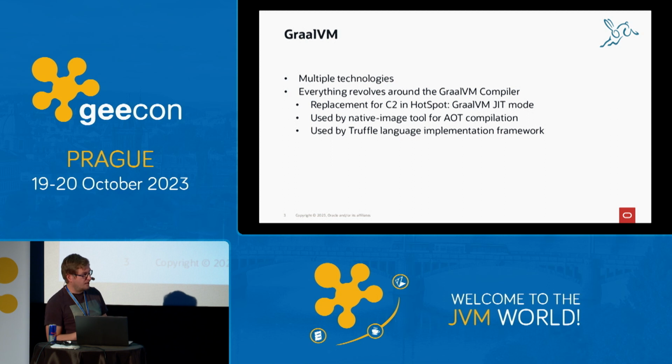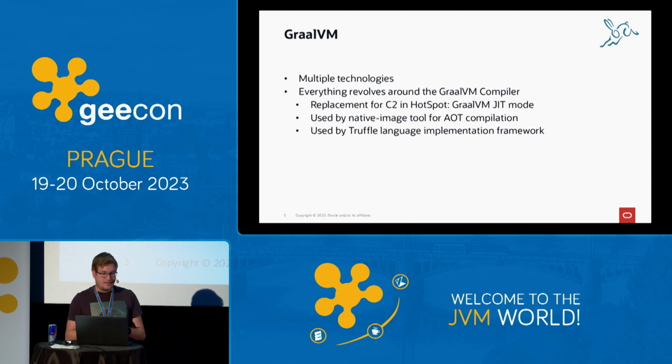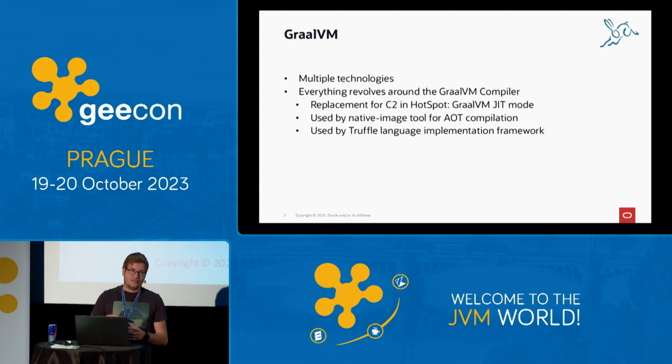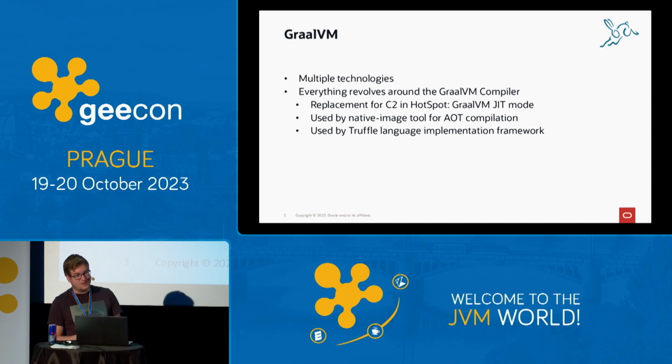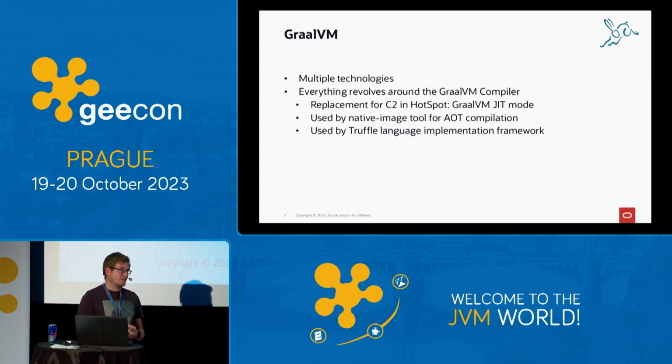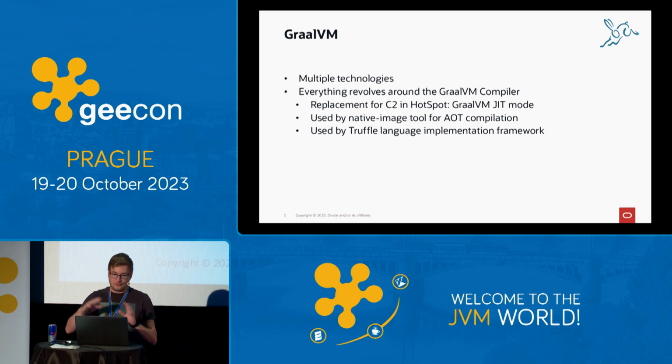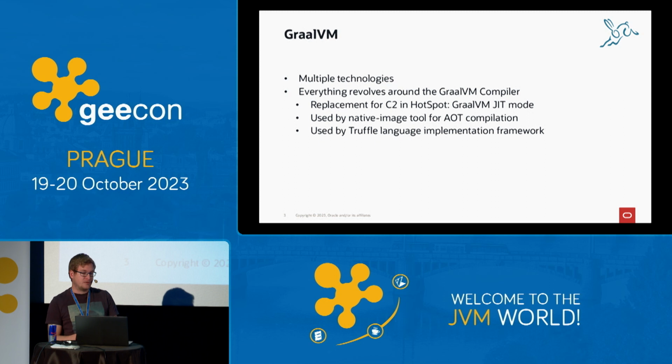So let's start with the introduction. What is GraalVM? These days, people usually use the term GraalVM as a synonym for the GraalVM native image tool, which is fine. That's probably the most popular, the most used, the most well-known tool from the GraalVM project, from the GraalVM umbrella.